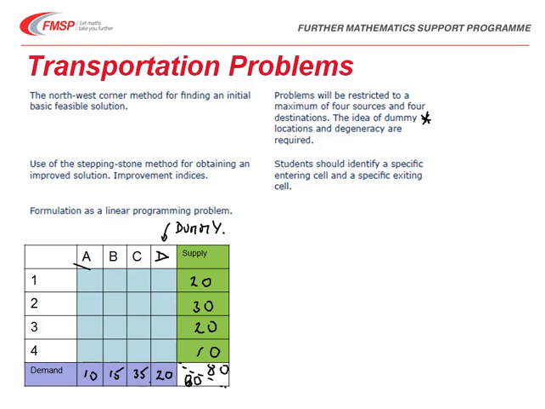We start literally at the northwest corner of the table, so the top left hand side, and look at the supply from source 1. It's equal to 20, and there's a demand at A of 10, so we can fully satisfy the demand from that supply, leaving an extra 10 units which can be used for supplying some of the demand of B.